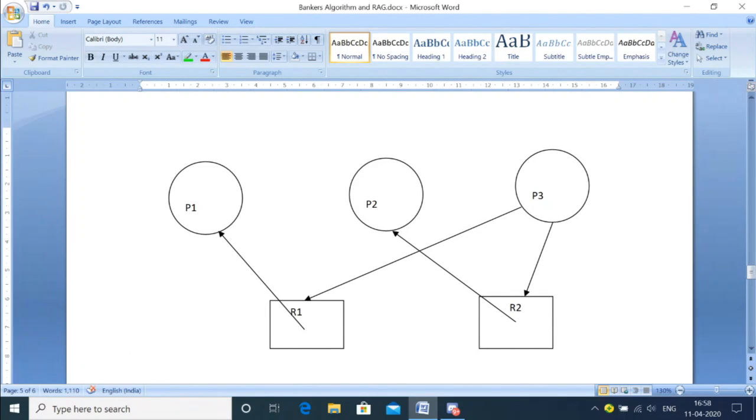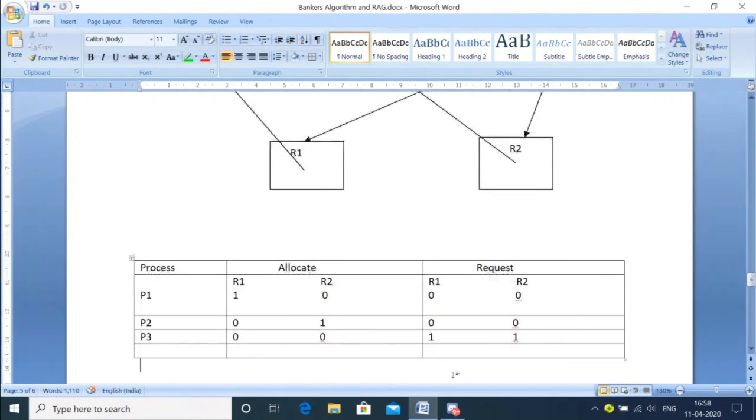P1 is assigned R1, but P1 is not requesting anything. P2 is assigned R2, isn't it? And P3 is not assigned anything, however, it is requesting R1 and R3. So we have to check whether it's a situation of deadlock or not.